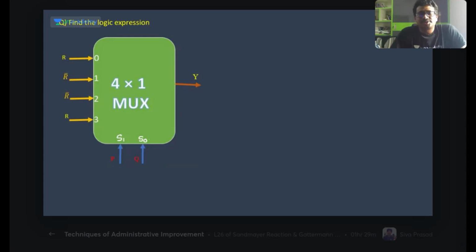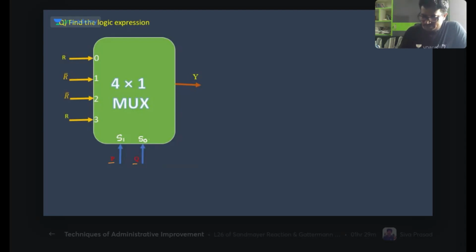Find the logic expression, they ask. This is the logic expression I want to find. Here S1 is connected to P and S0 is connected to Q. Now can you write the Y expression?